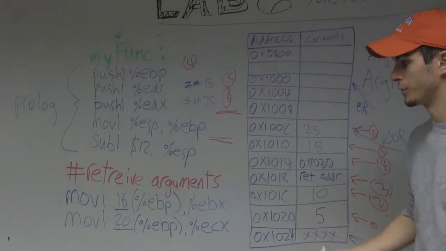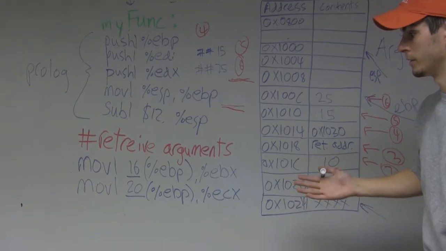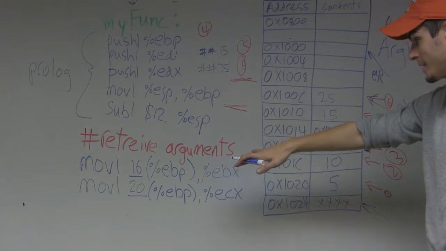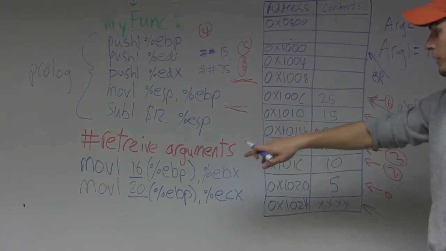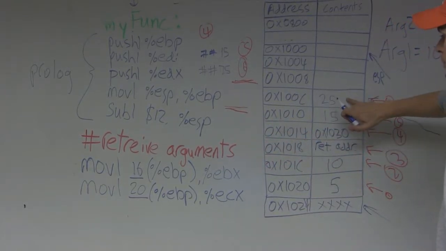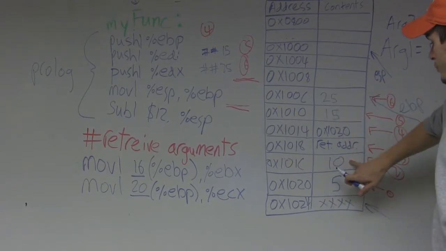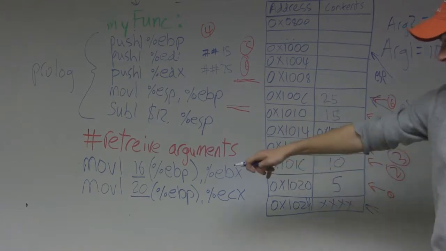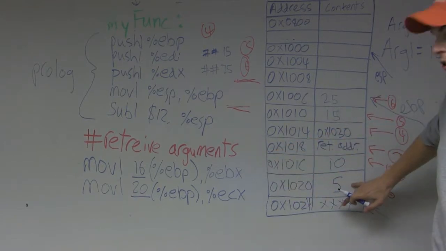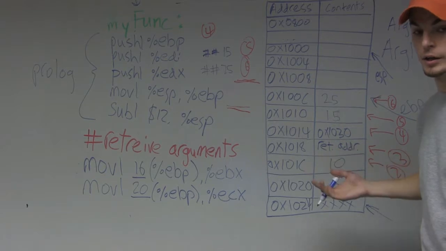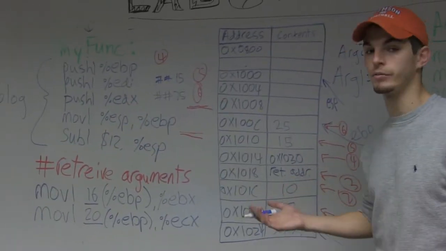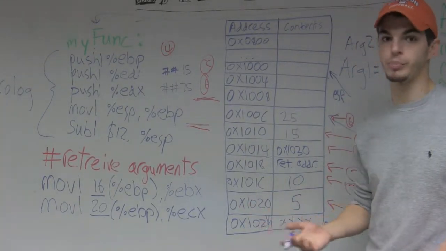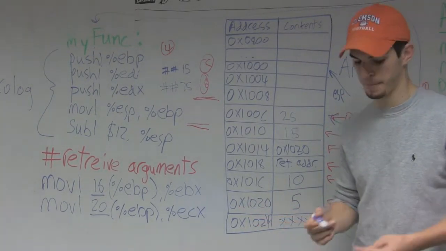So by adding 16, or making an offset of 16 from this location pointed to by the base pointer, you retrieve this argument, which is our first argument, and this argument, 20, which is our second argument. So that illustrates why the last in, first out principle is necessary in order to pass parameters using the stack.